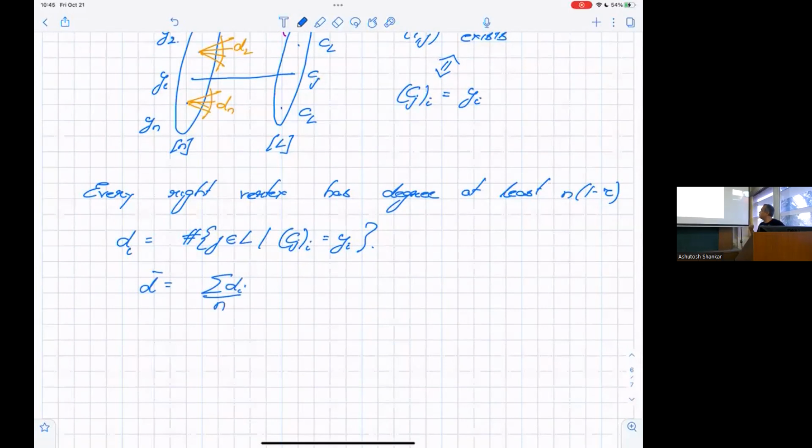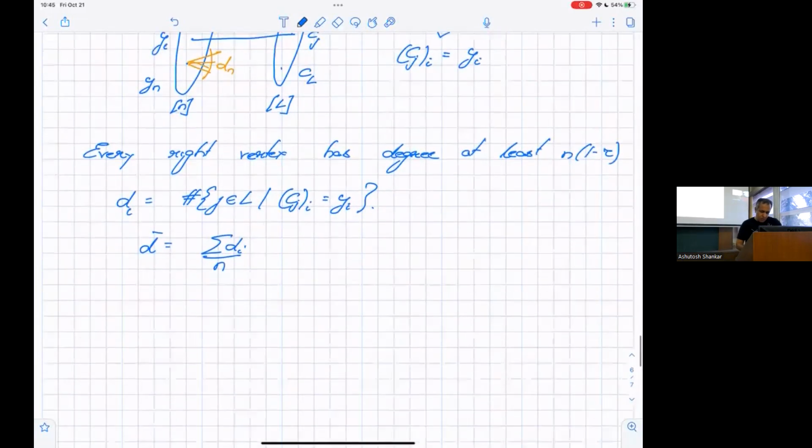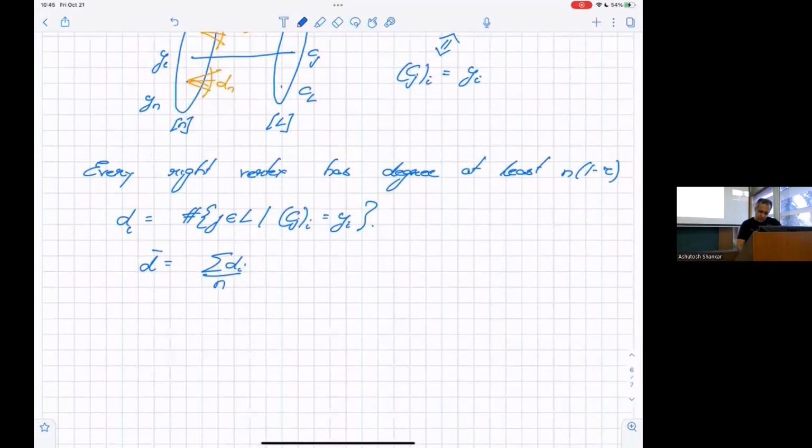Now I understand why Madhu put the bipartite graph, and in the notes he did it the other way around. So what do we know about this? The number of edges will be counted on both sides. We do know that d bar times n is the number of edges when you count from this side.